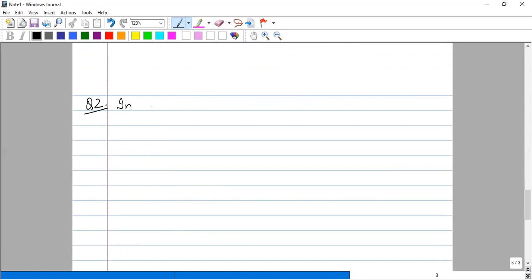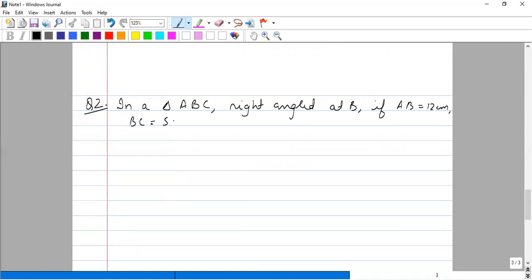In a triangle ABC, right angled at B, if AB is 12 centimeter, BC is 5 centimeter, find first sine A and tan A, second sine C and cot C.